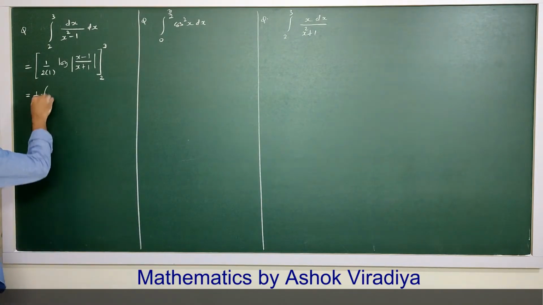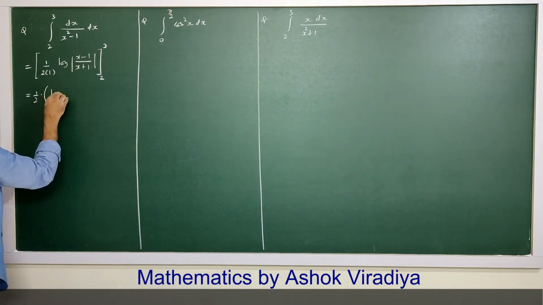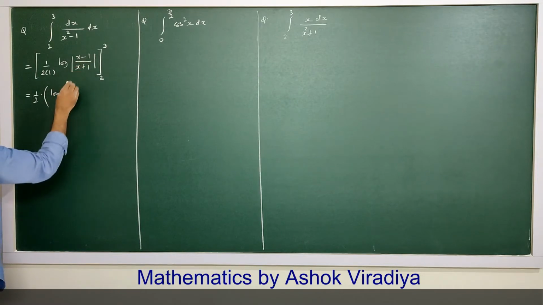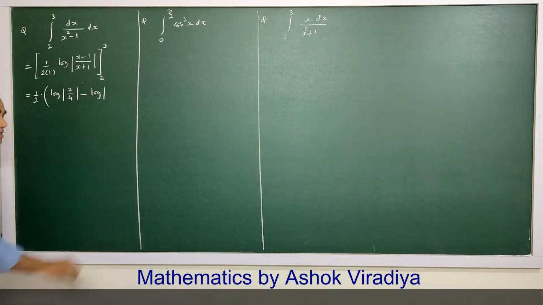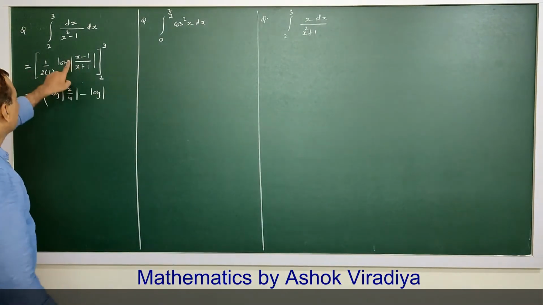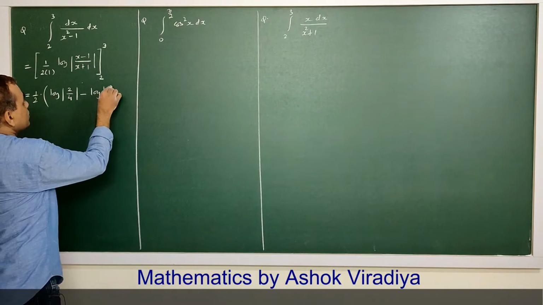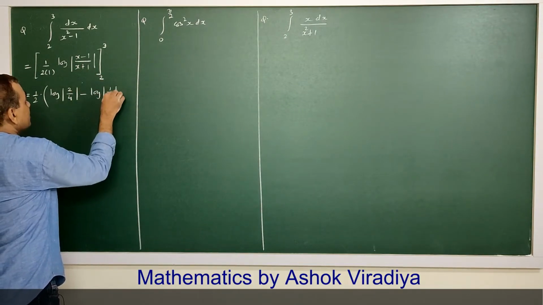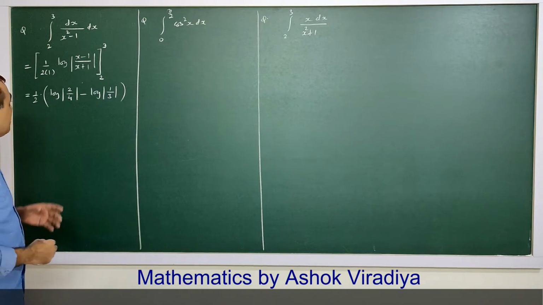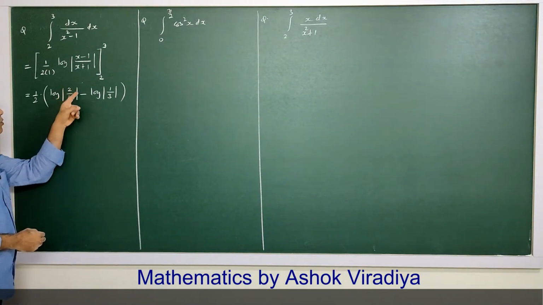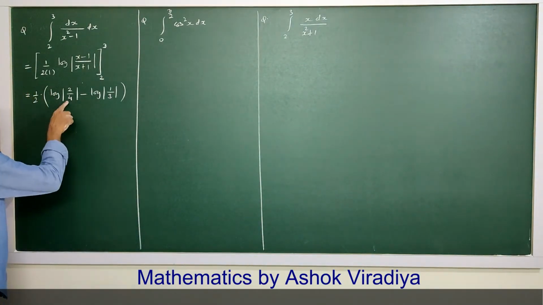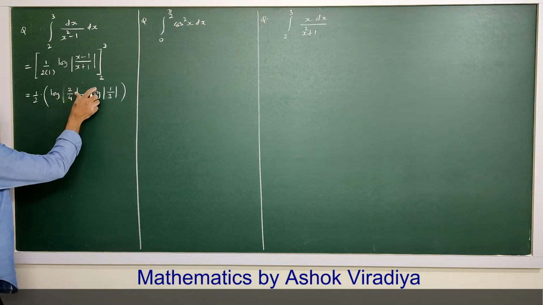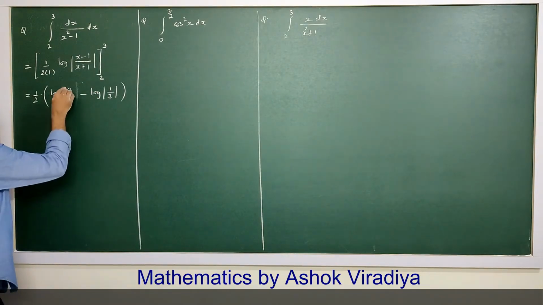Now putting the upper limit, log of modulus 3 minus 1 is 2 upon 3 plus 1 is 4. Then minus log of modulus, now the lower limit, putting 2 here, 2 minus 1 is 1 upon 2 plus 1 is 3. Because these numbers are already positive, if you don't keep the modulus, it is allowed. You can put it free from modulus, so that we do in the next step.